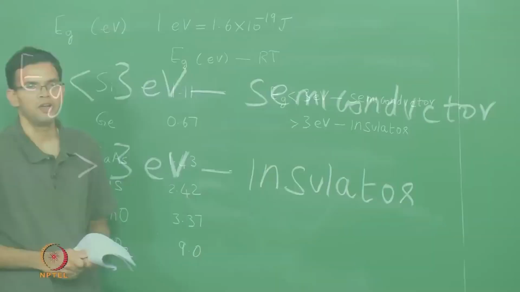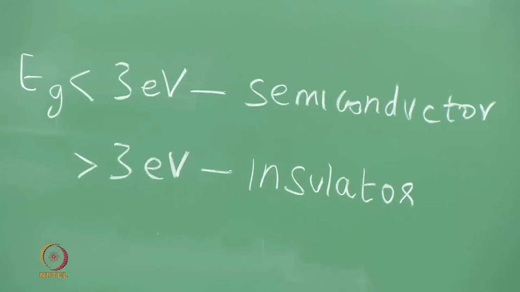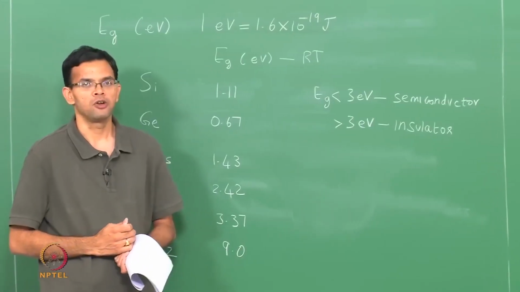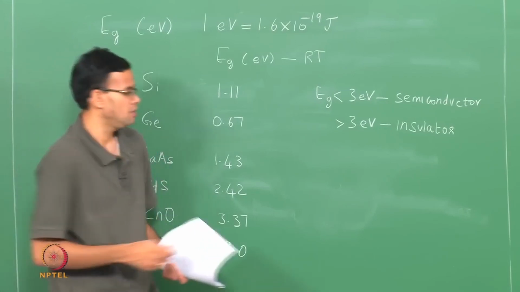Now, this is not a very rigorous separation. The 3 electron volts comes out because 3 electron volts corresponds to the end of the visible region.